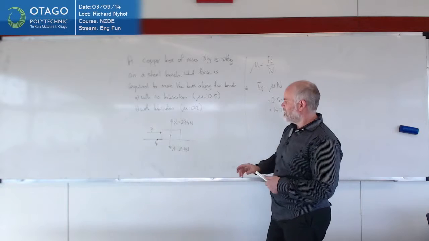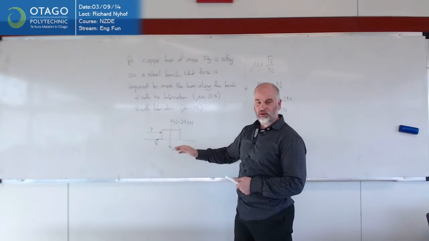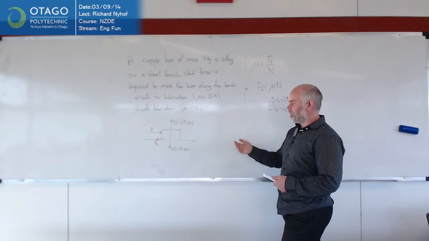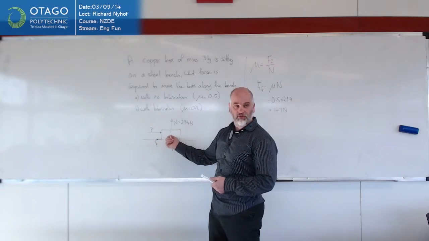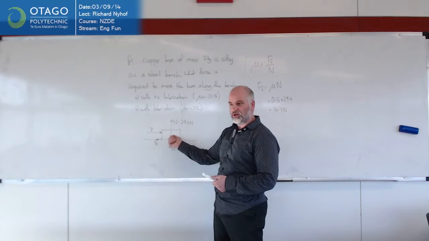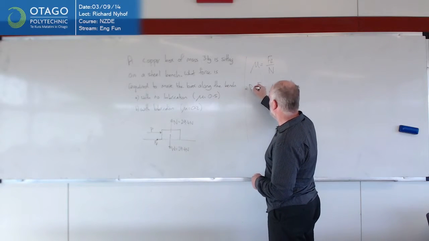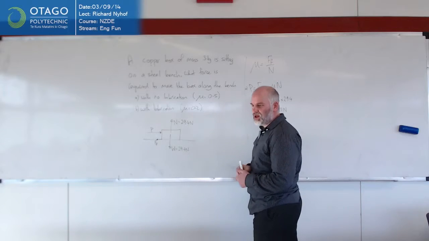So the force of friction is going to be 14.7 newtons. To keep the box moving, you have to overcome that. So the net force is 0, so that's going to be the same as P. So P is, in this case, the same as the force of friction.